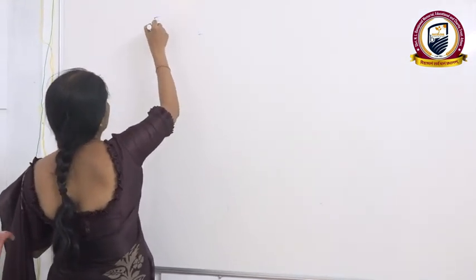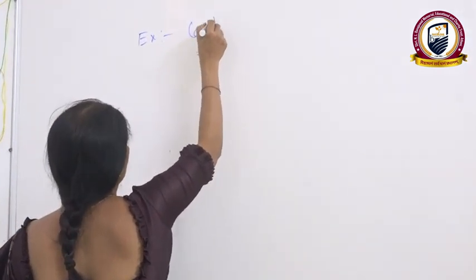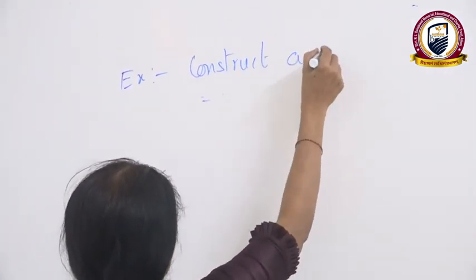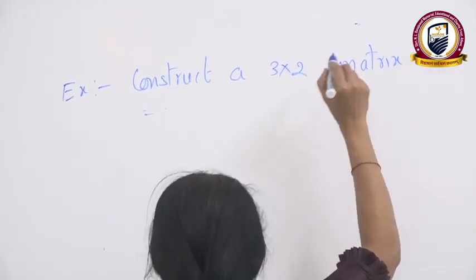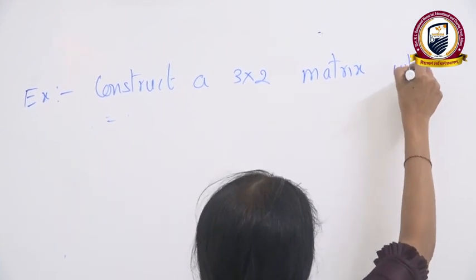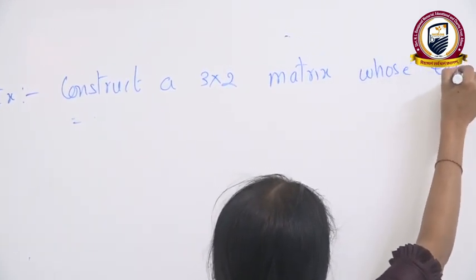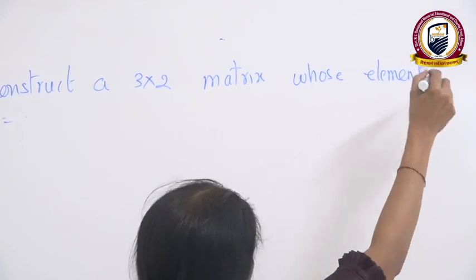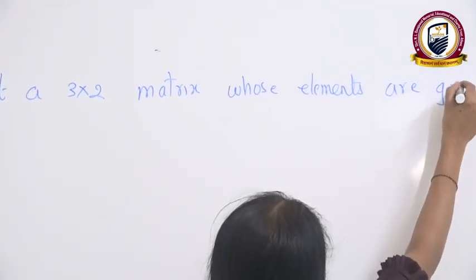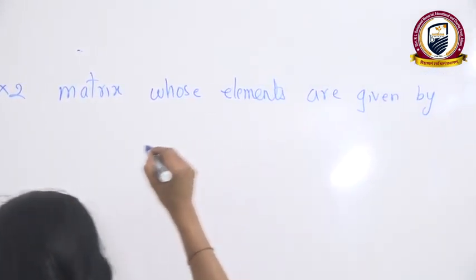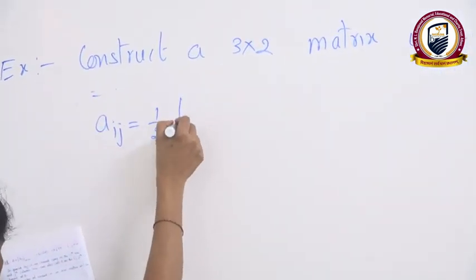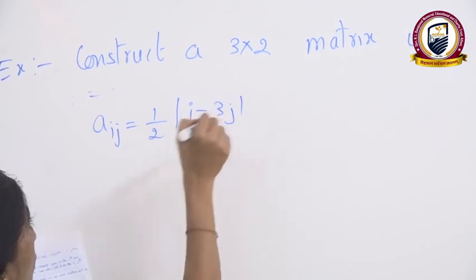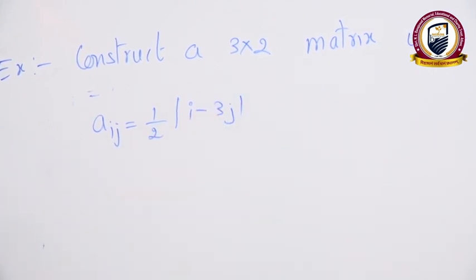The example is this. This is a question, and in the annual paper you can get this question for 2 marks.